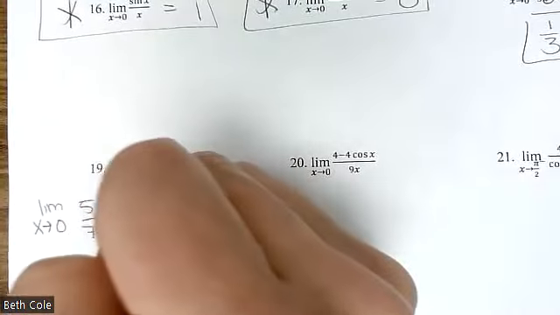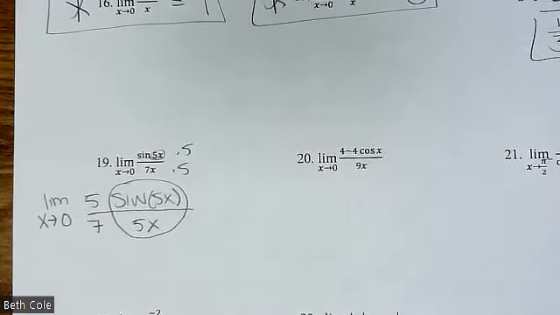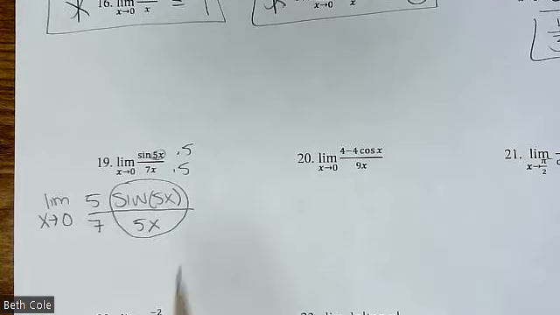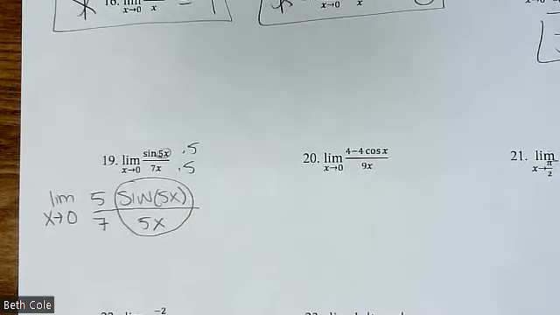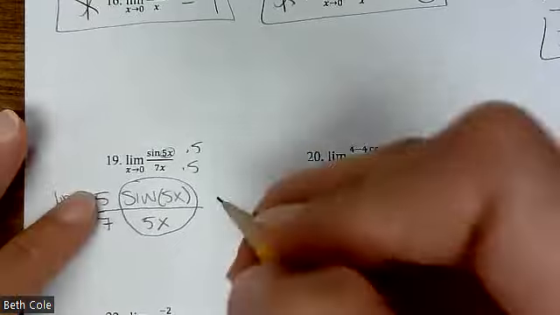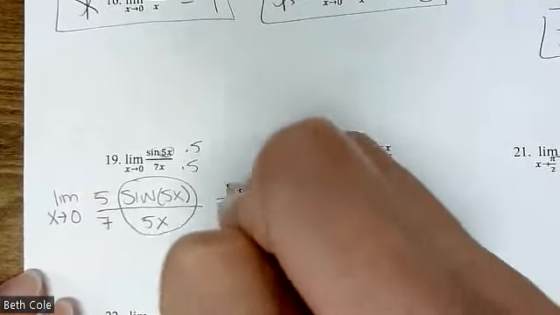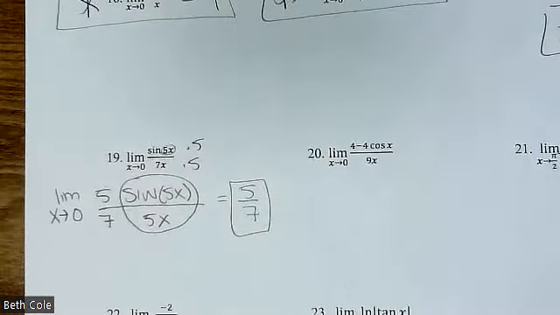So this is the part that's the property, because what's important to understand is the part inside the sine function has to match what's in the denominator. So that part I circled equals 1 times 5/7 is 5/7. So yes, that is your answer, but it's the reason why that works.